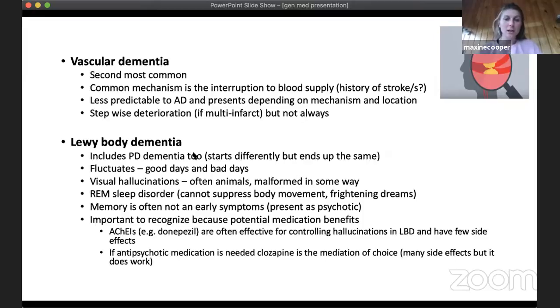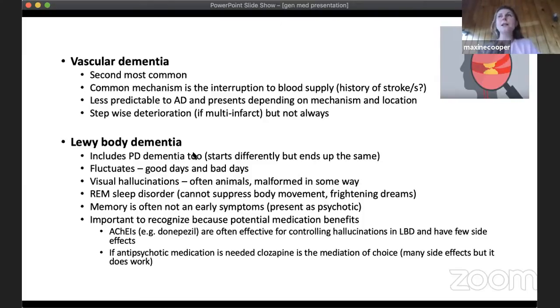And another one that's quite interesting, Lewy body dementia, and this includes dementia that follows from Parkinson's disease as well. They both start very separately, but they often end up with the same kind of presentation. This kind of dementia fluctuates a lot. So the patient will typically have really good days and then quite bad days.